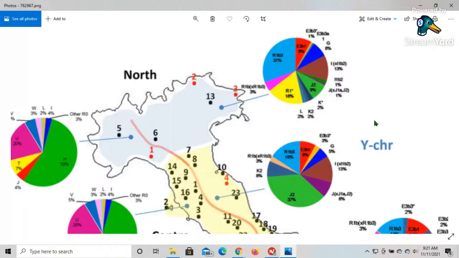That was up north. They sometimes have the N and the O connected together, but N is Meshech, separated, they're completely separated lines.